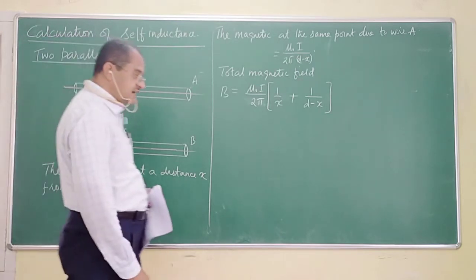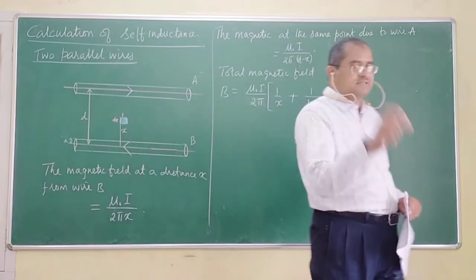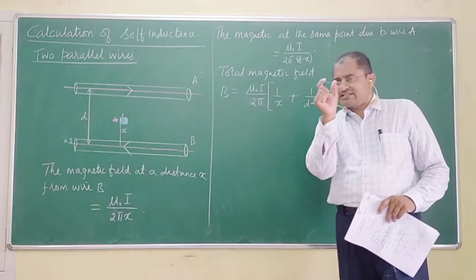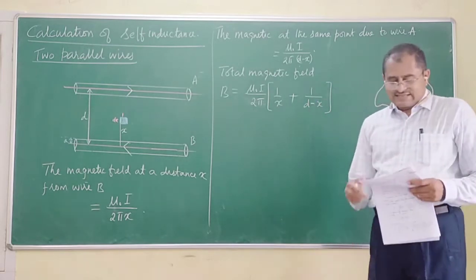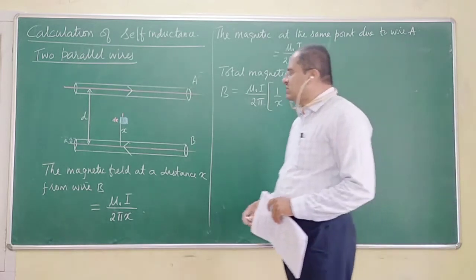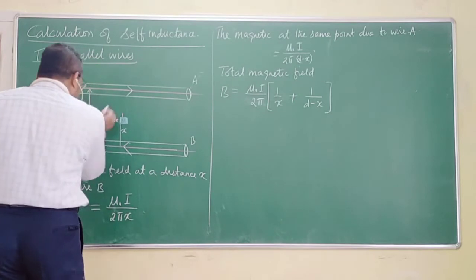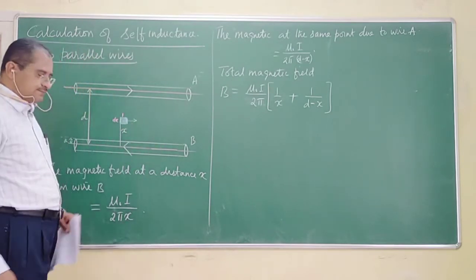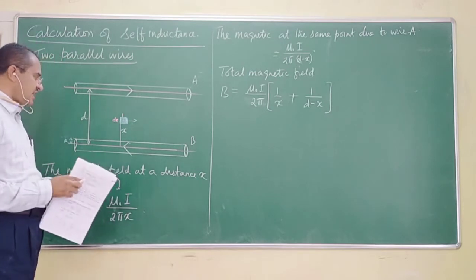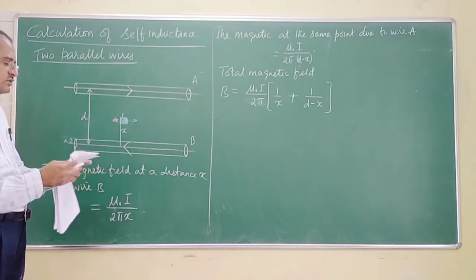At that point, I have taken a very, very small imaginary portion whose width is dx, length is unity, and the flux due to this magnetic field is passing through this area. Is that okay to you?